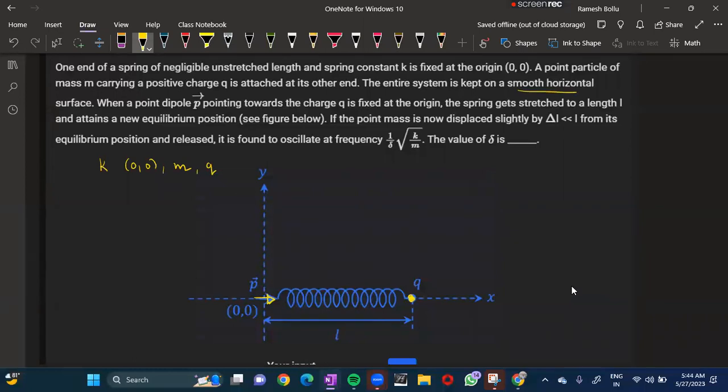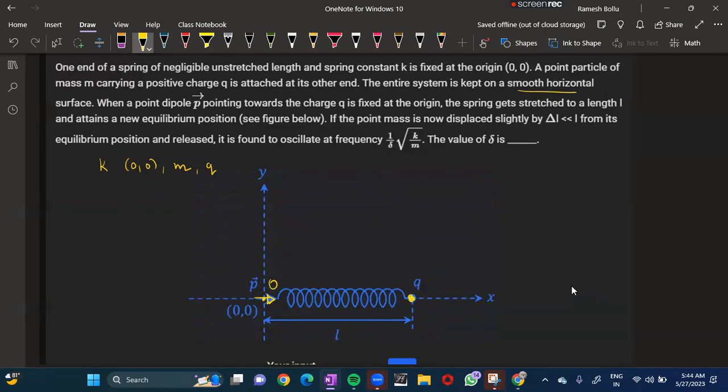The term is very important. Smooth horizontal surface means no loss of energy. When a point dipole p vector is pointing towards the charge small q fixed at origin, this is the origin, the spring gets stretched to a length small l.